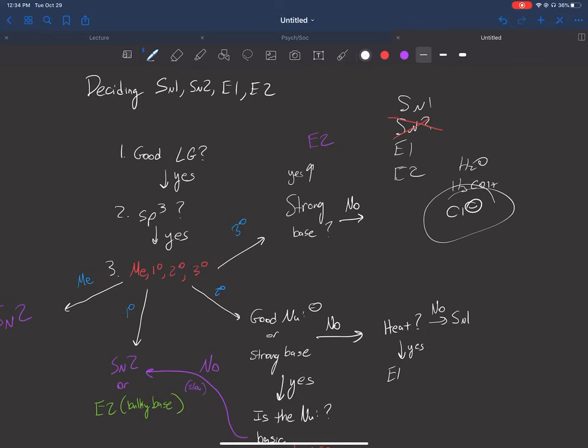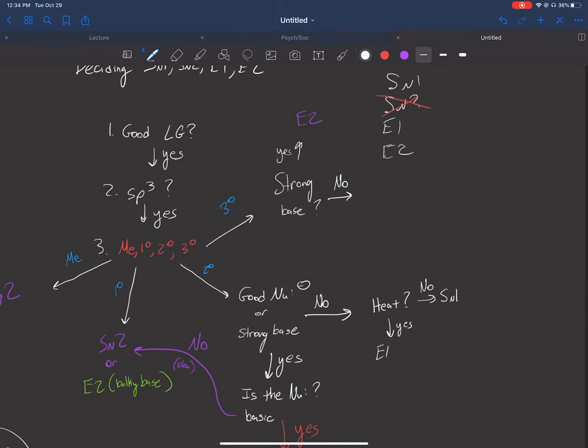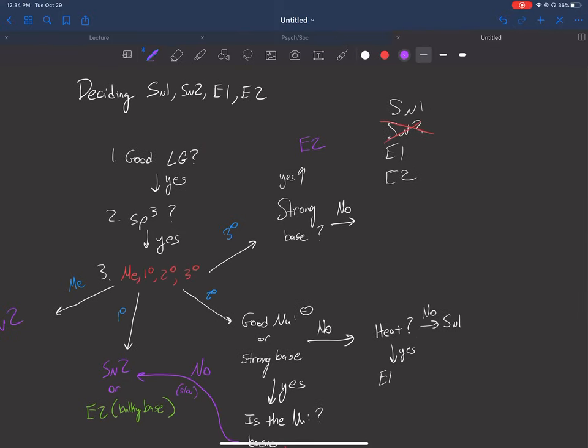This is solely dependent on the basicity. So Cl minus would be considered a weak base. So I would answer no to that question if they gave me Cl minus, all right? So you see, you've got to look at all the factors here, right? You can logically get through these questions. So I said no to this question. I don't have a strong base. So that means I'm eliminating E2, right?